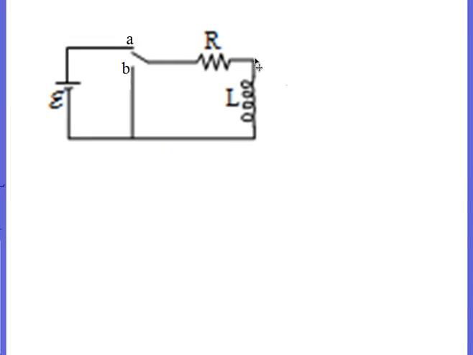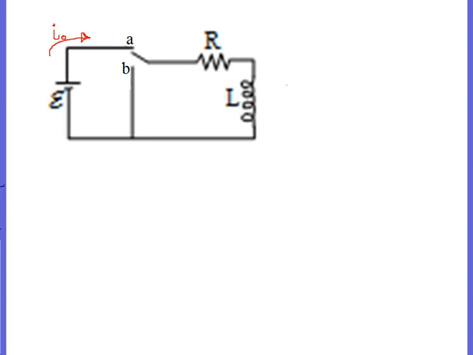Okay, now we want to do discharge. That is, we're going to take the switch and move it to B. And at the moment we move the switch, we're going to have had it at A, and so there will be this I0, this current that was flowing at time 0.